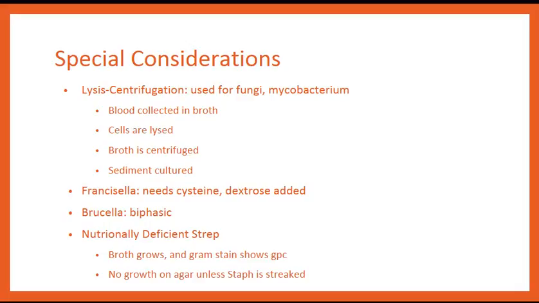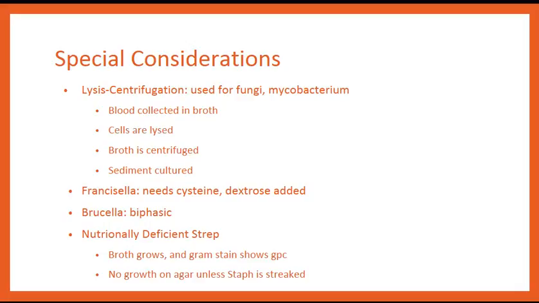It can't survive in the regular blood culture bottles. Brucella, it takes a long time for Brucella to grow. So in order to pick it up as quick as you can, it's better to use the biphasic blood culture bottles so that you can see it growing faster.